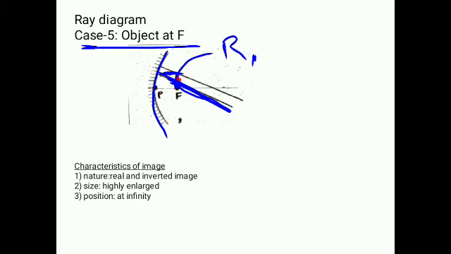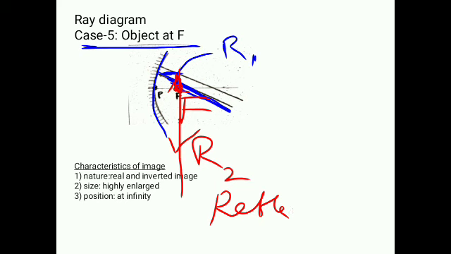R2, if we draw R2, a ray traveling through focal point, after reflection becomes parallel to the axis, but there is no chance to get reflection because there is no mirror, so we ignore R2. Next, R3.